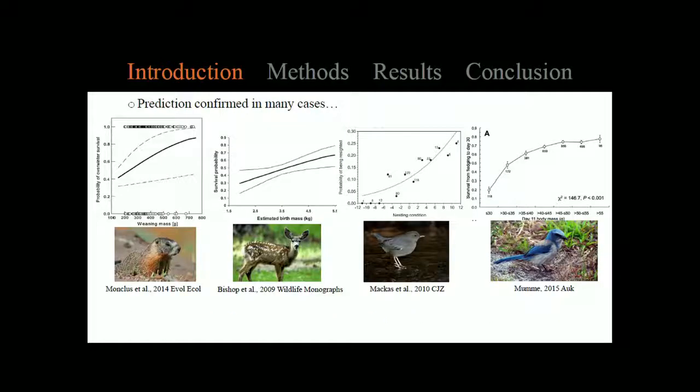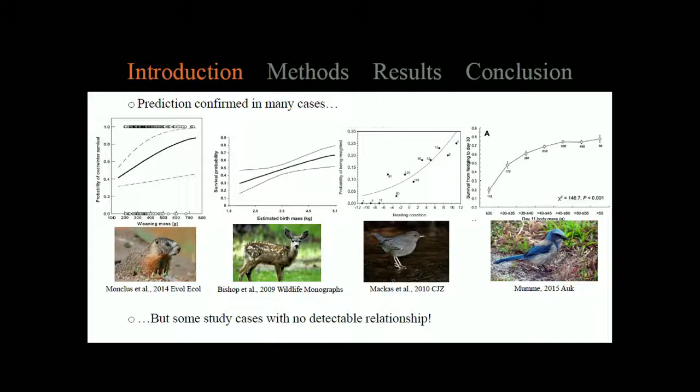If we look closely in the literature, this prediction is confirmed in many cases. Here I show 4 examples in birds and mammals of a positive relationship between early survival and body mass. We have 4 positive relationships, but also differences in the slope of the relationship.